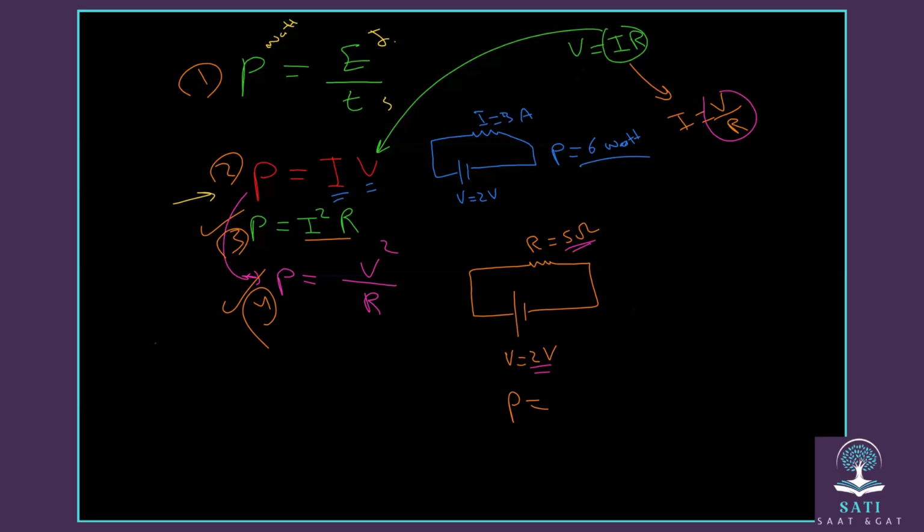What formula of power has voltage and resistance? As you see, it is this formula, right? It has voltage and resistance. So you find the power by writing the voltage squared, which is 2 squared, 2 power 2, it's going to be 4, over the resistance, that is 5. So it's going to be 0.8 watt.